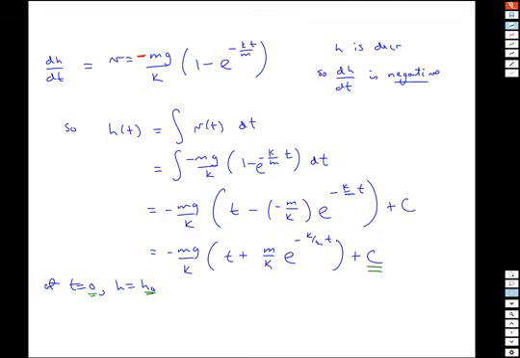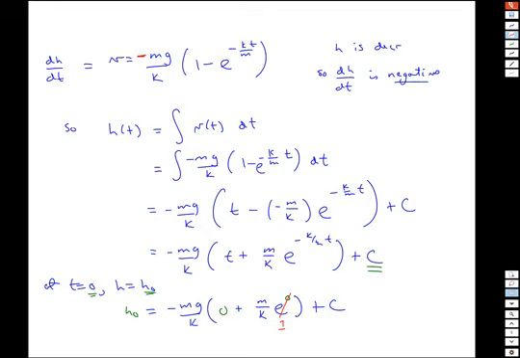So we'd have our height is h naught. That equals negative mg over k, t is 0, just looking here. And then we have m over k, e to the 0, and plus c. And the important thing to remember here is that e to the 0 isn't 0, it's actually 1.